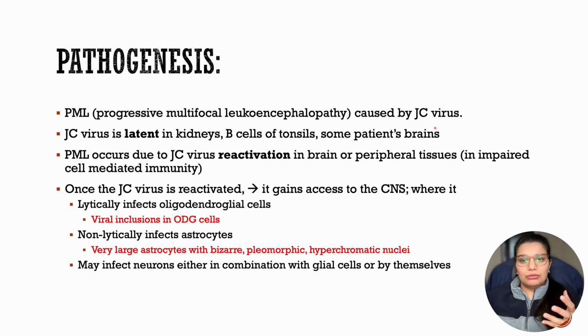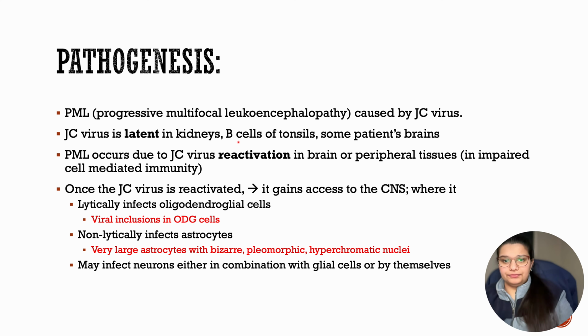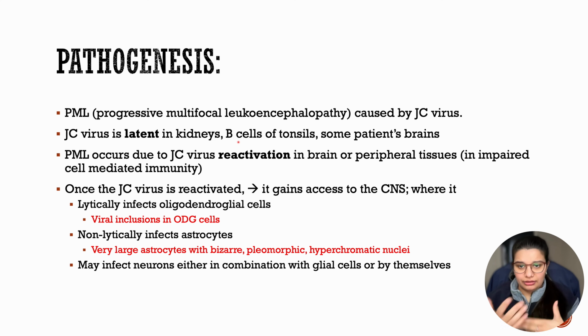It's normally latent within the kidneys, in the B cells of the tonsil, and in some patients within the brain. But how does this infection occur? Normally it is latent, but if a patient has any disorder by which cell mediated immunity is impaired, then this virus is reactivated, and that is where the disease starts.